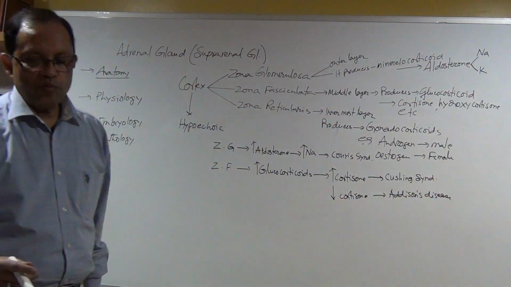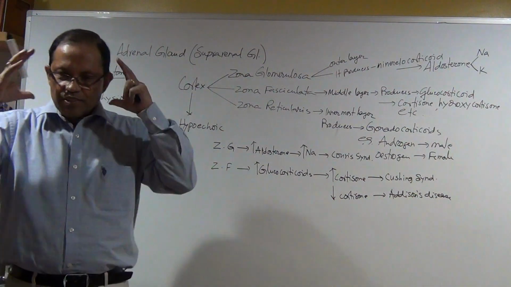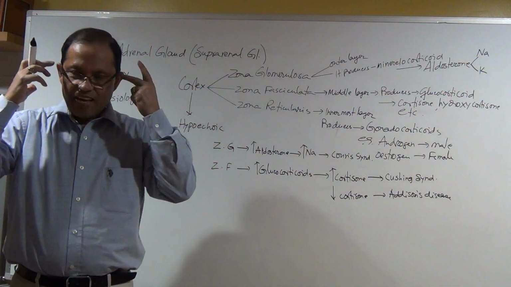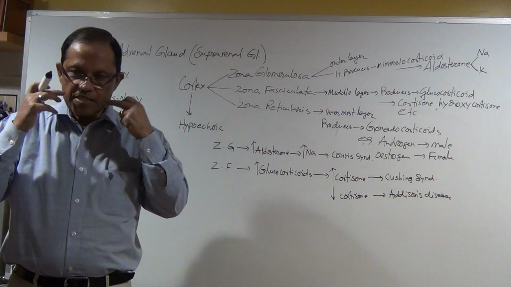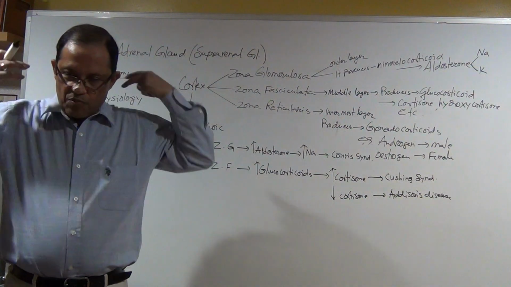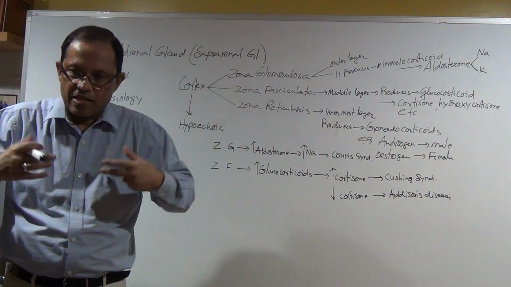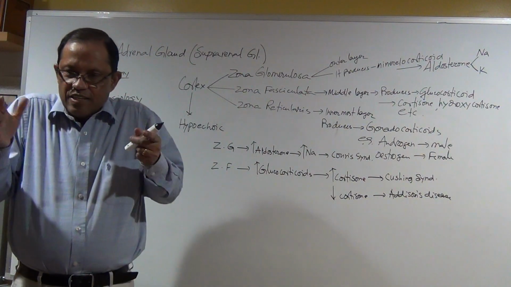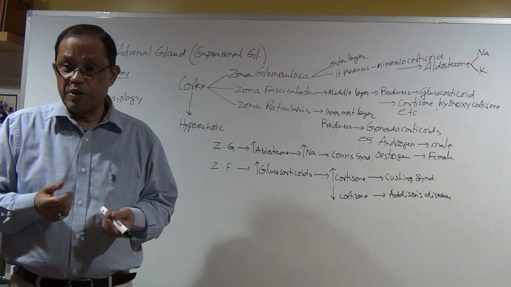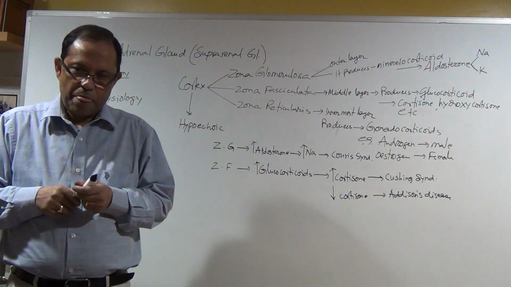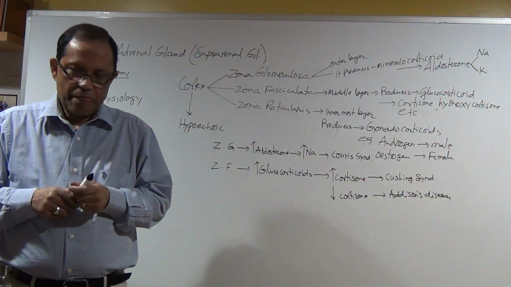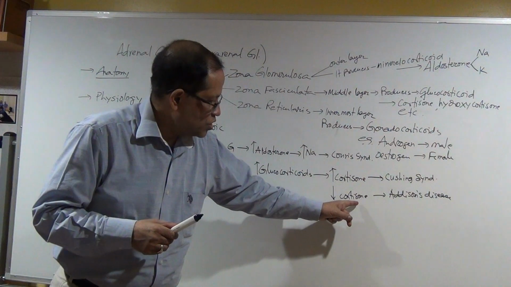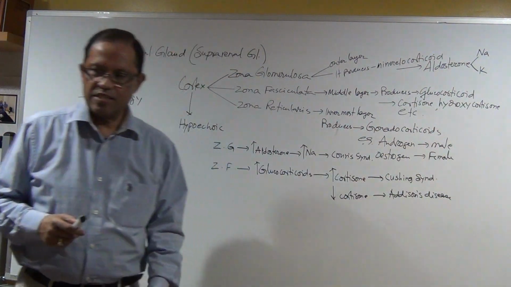So in Cushing syndrome, what do you see? Moon-like face, hairiness, mustache, beard, and central deposition of the fat. The legs and the hands will be spindly, means fat free. And when the cortisol level is low, Addison's disease is opposite.